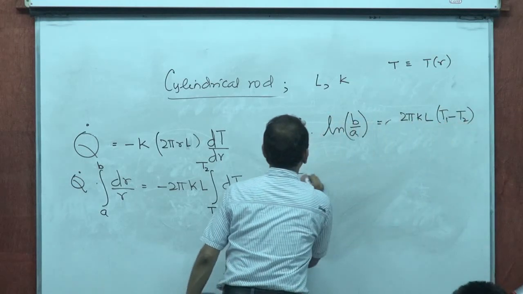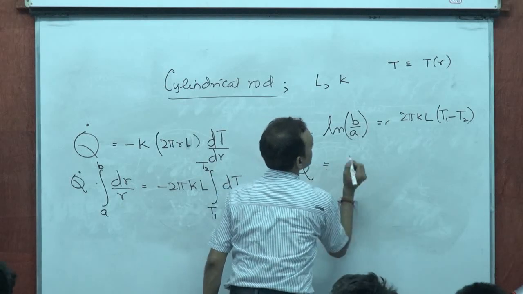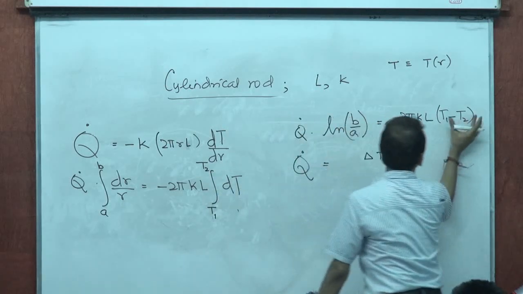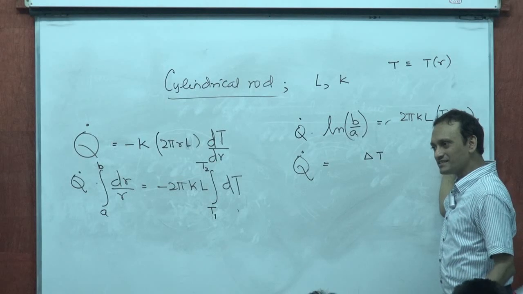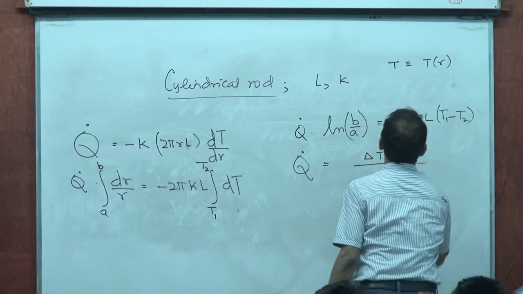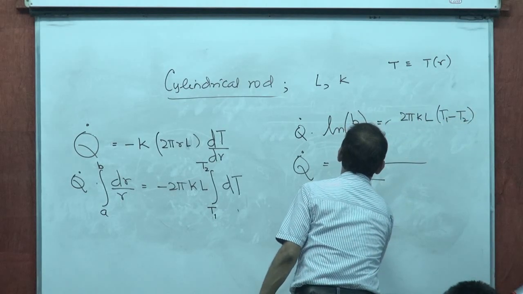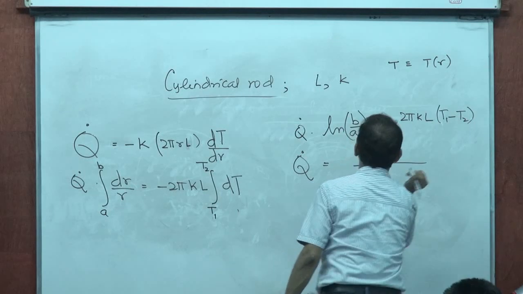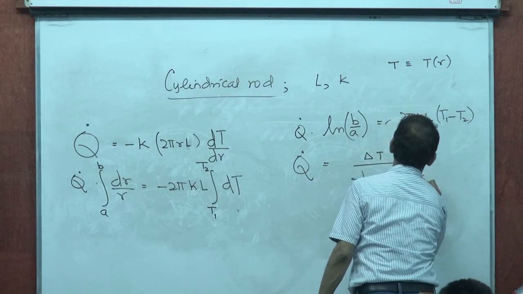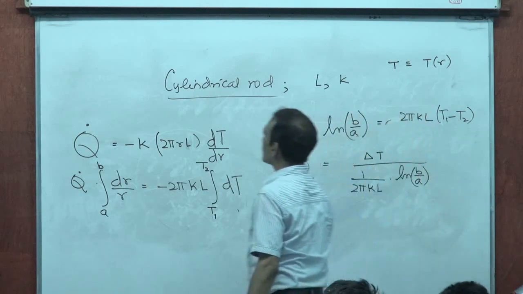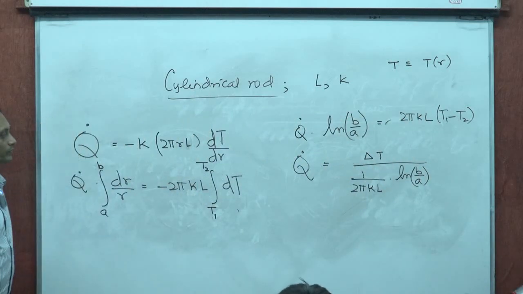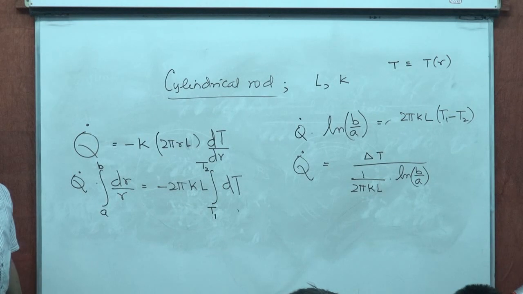Or Q dot is delta T, that's a potential difference, divided by 1 by 2 pi k L log b by a. Yes or no?